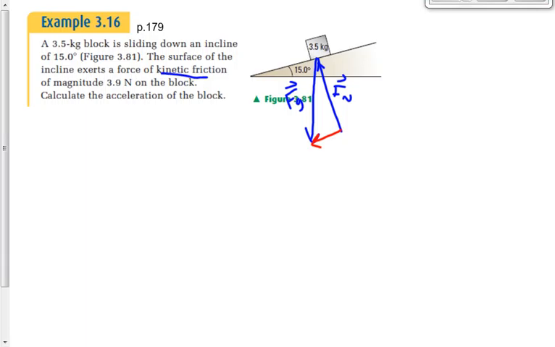We don't know what their values are right now, but if we did and we broke them into vector components and added Fn to Fg, we would get this value. The vector sum of Fn and Fg equals that red force. That red force, you can see in this picture, is parallel to the surface of the hill. We're going to call that red force Fh, for the force of the hill.